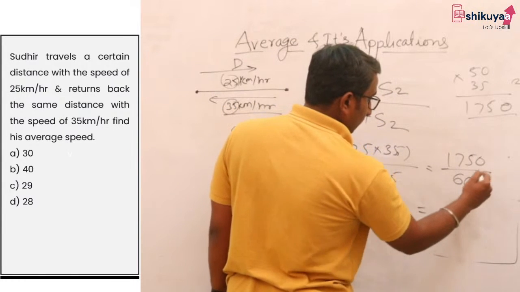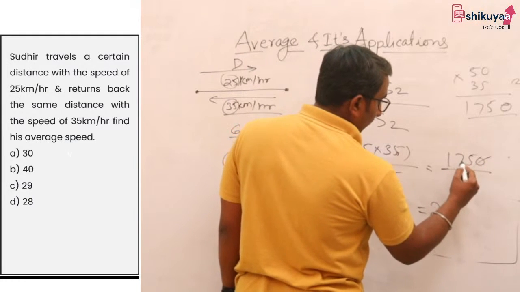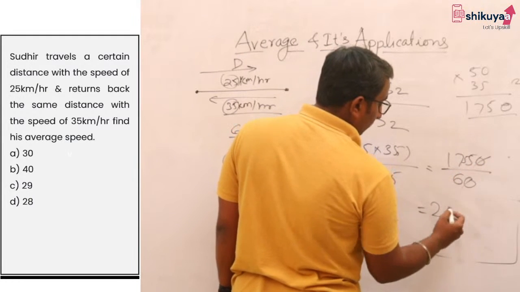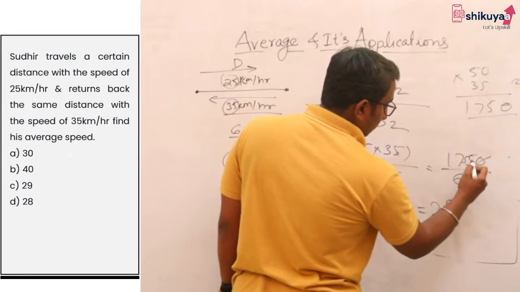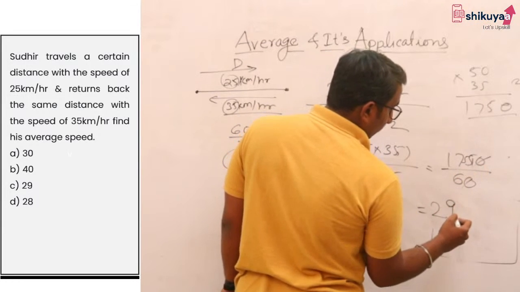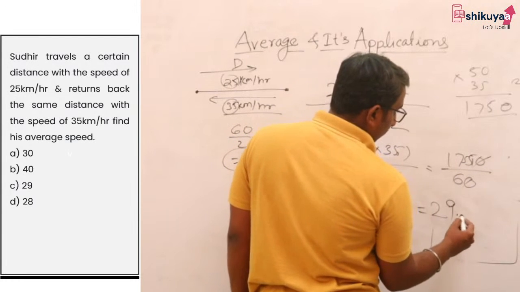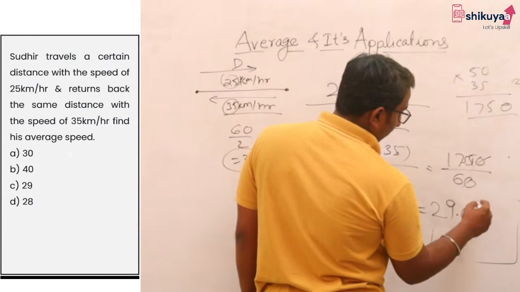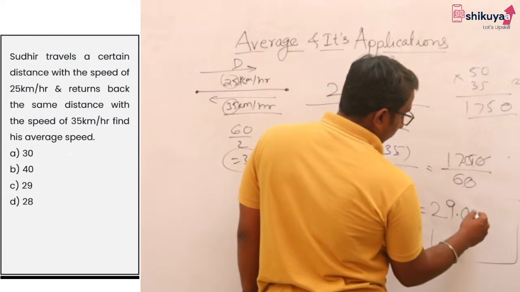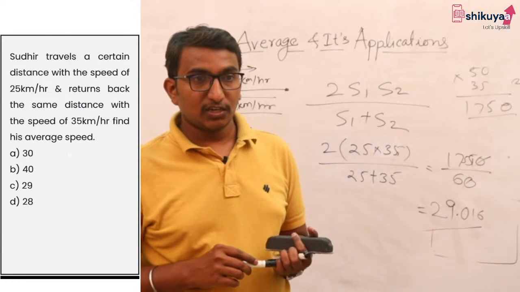Dividing, 6 nines are 54, the remainder is 1, and so on. So the answer is 29.16.